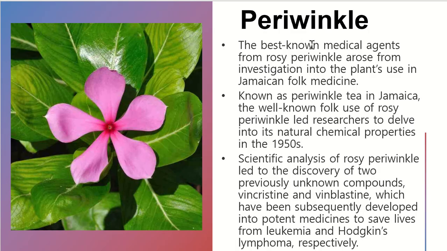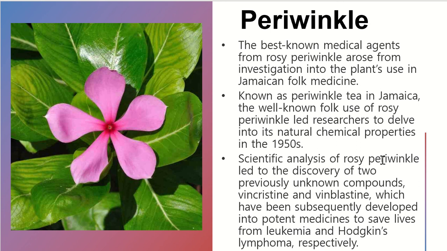So, the best known medical agents from rosy periwinkle arose from investigation into the plant's use in Jamaican folk medicine. Known as periwinkle tea in Jamaica, the well known folk use of rosy periwinkle led researchers to delve into its natural chemical properties in the 1950s.